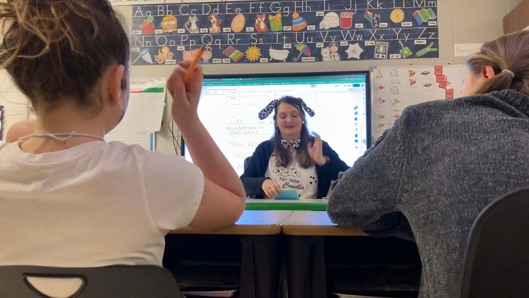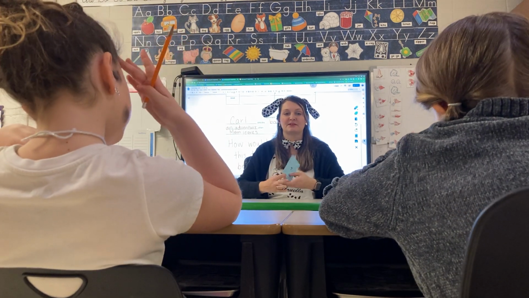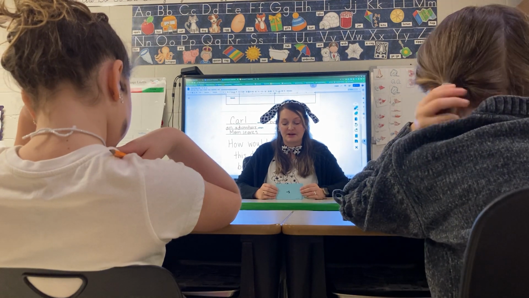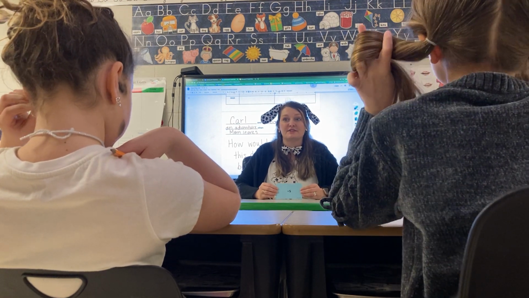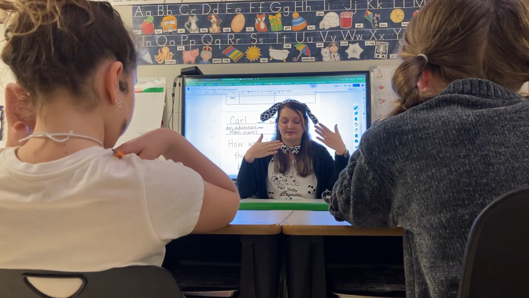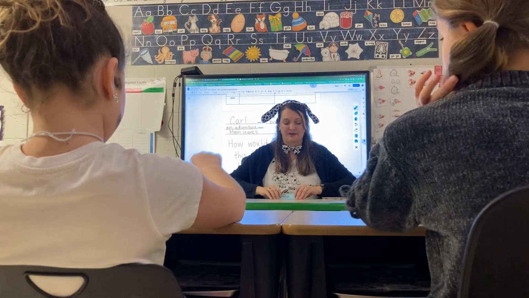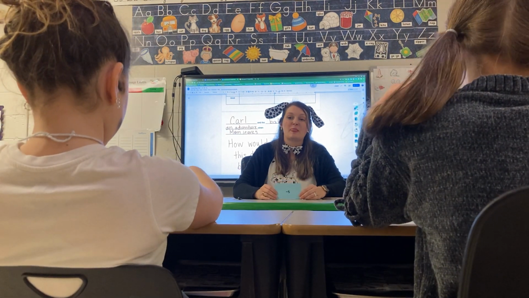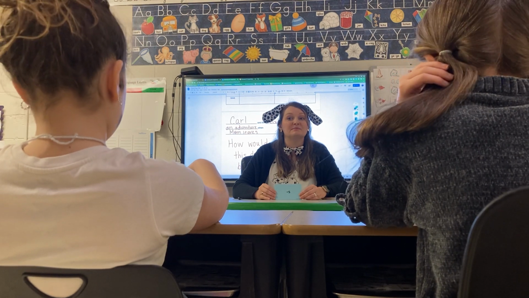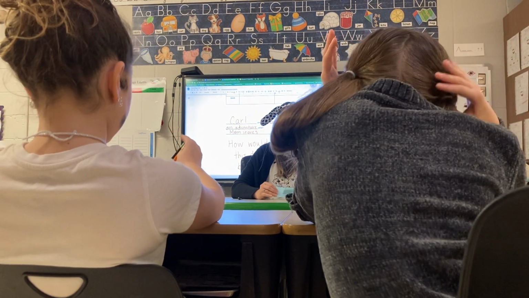All right, so for our last thing, let's review our suffixes. Remember, suffixes go at the end of a root word to create a derivative. So a root word plus a suffix is called a derivative. All right, so we have suffix S that means more than one.